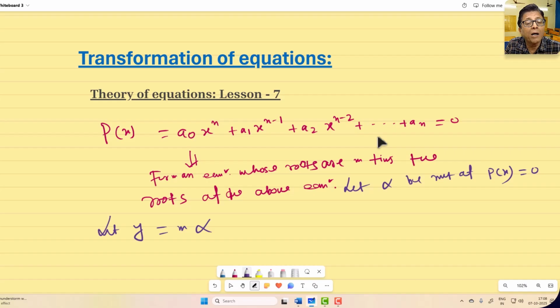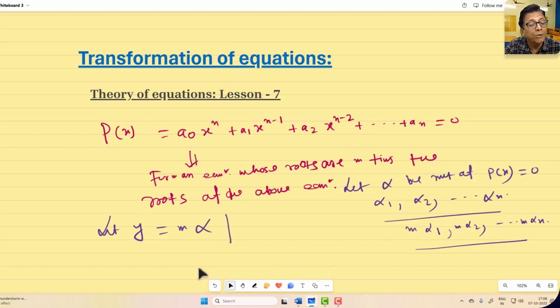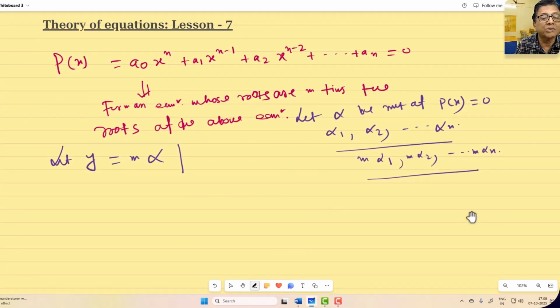Actually, this alpha is representative of all the roots. In the nth degree equation, n roots are there, alpha 1, alpha 2, up to alpha n. Then you have to get the equation whose roots are m alpha 1, m alpha 2, up to m alpha n. So you have to frame an equation in terms of the variable y, then we can get the equation whose roots are m times the roots of this equation.